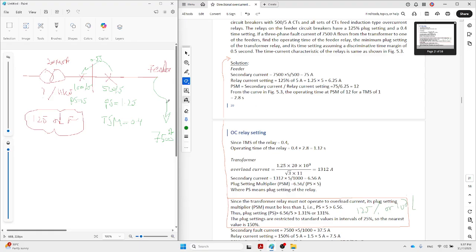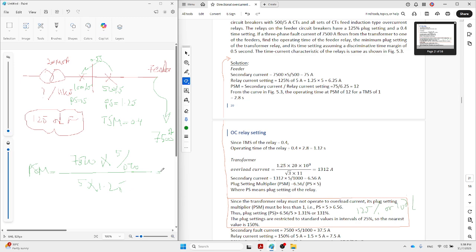Okay, let's do the calculation for this transformer, for this relay. Step one, PSM for relay number one is the fault current, which is 7,500 times the CT ratio, here 5 over 500, correct. The current at the secondary of this one is 5 again, times 1.25.